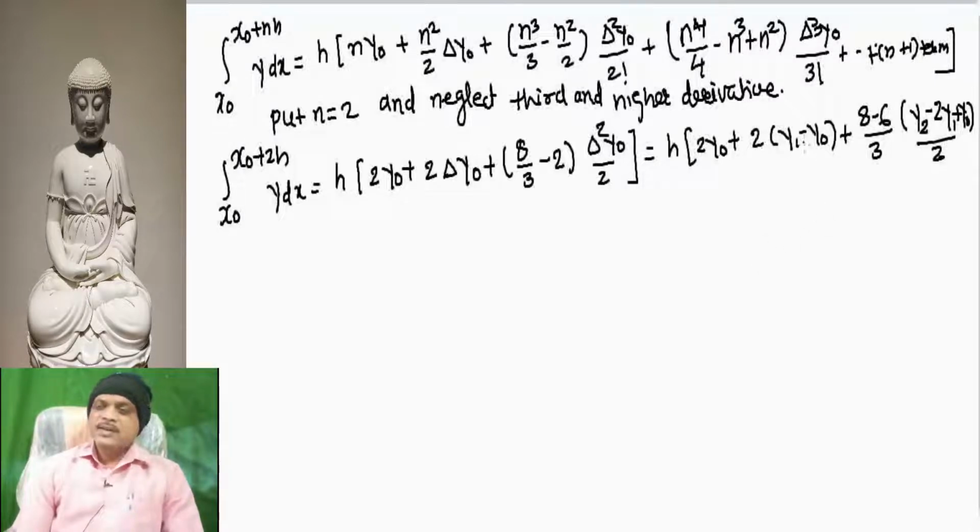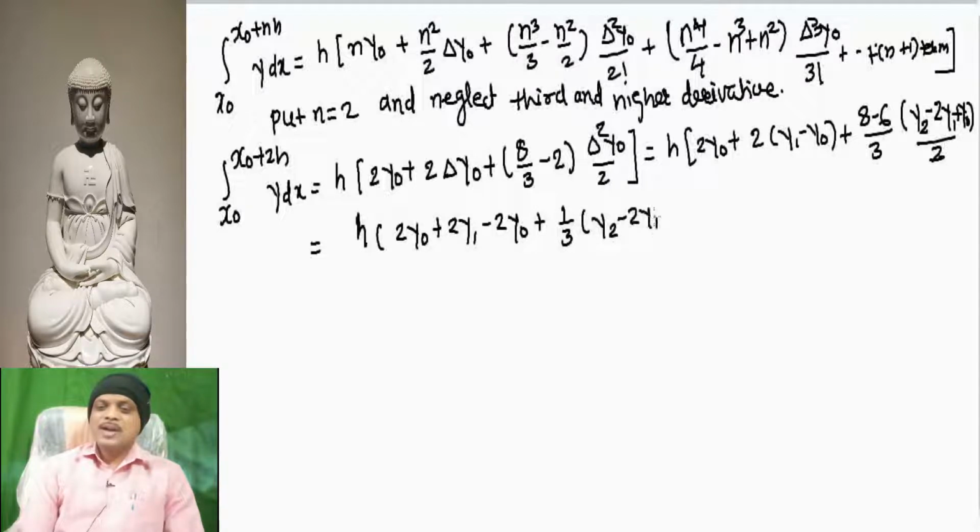Now 8 minus 6 is 2, this 2 and this 2 get cancelled, and we have 1 by 3. Therefore we have h into [2y0 plus 2y1 minus 2y0 plus 1 divided by 3 into (y2 minus 2y1 plus y0)].